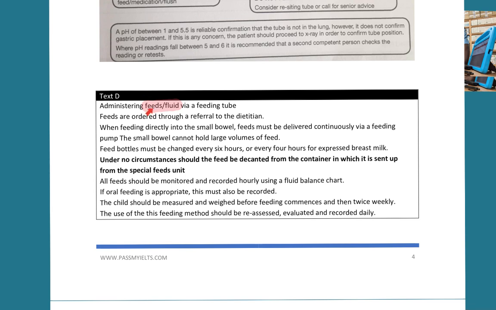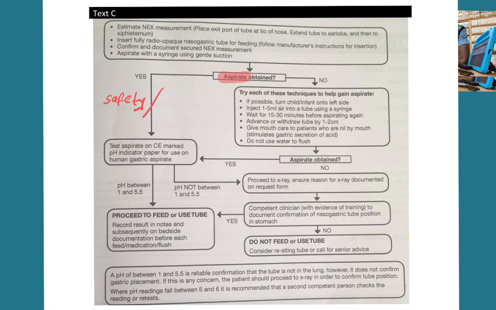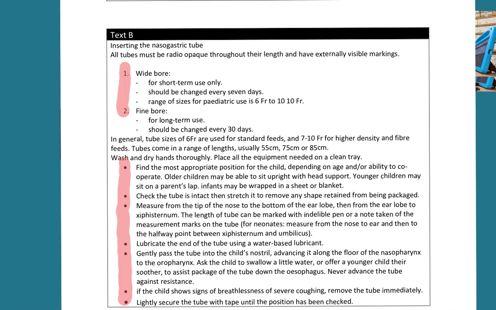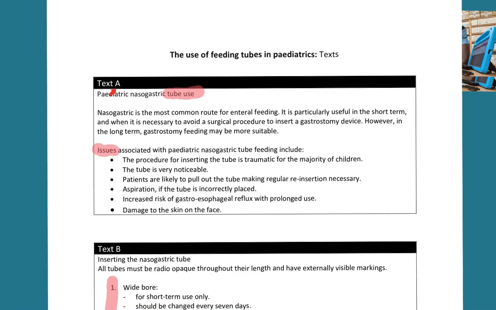Text D is about feeds and fluid. Text C is about safety or aspirate. Text B is about type of tubes and a procedure. Text A is about tube use and issues. So we are looking for a text that contains risks of feeding a child.